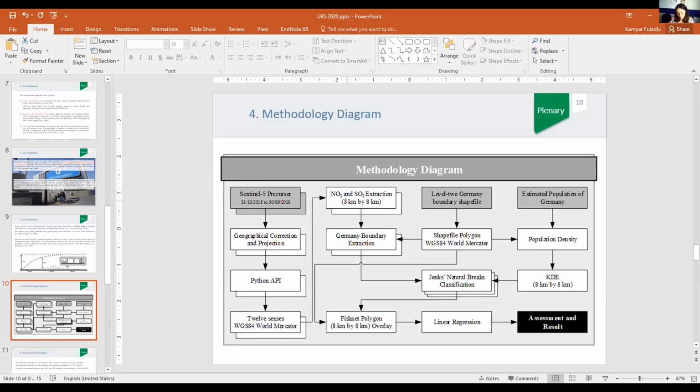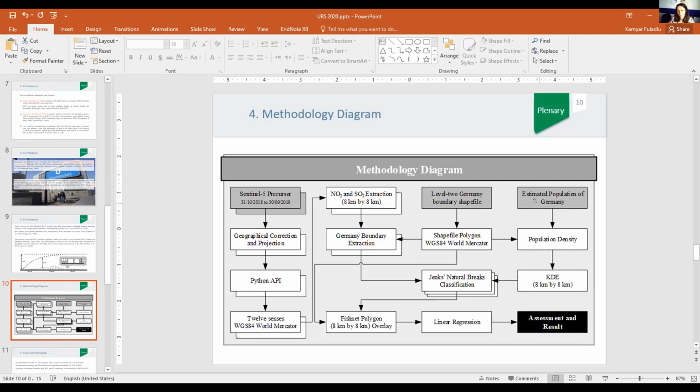The Sentinel has an 8 kilometer by 8 kilometer resolution, which is almost low resolution. That's why we chose the country scale, Germany. We have a level 2 Germany boundary, and we can integrate it and extract our emissions.